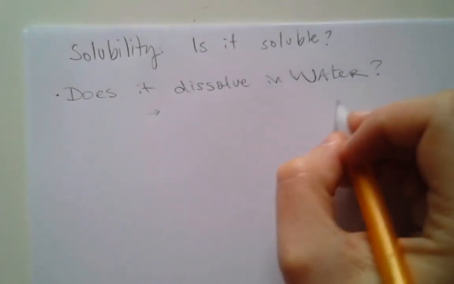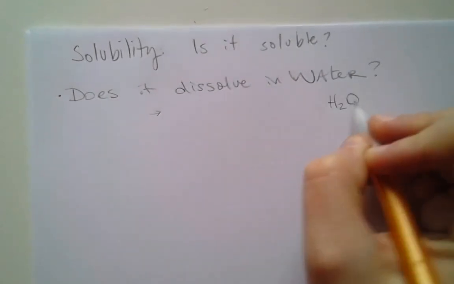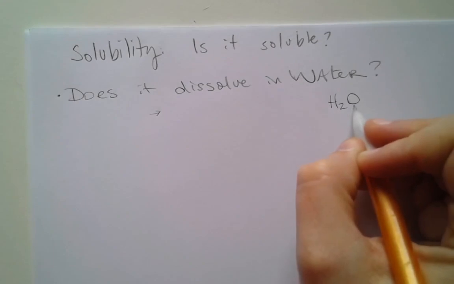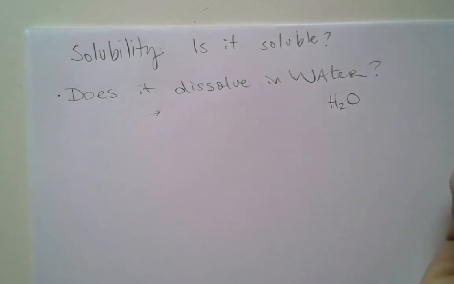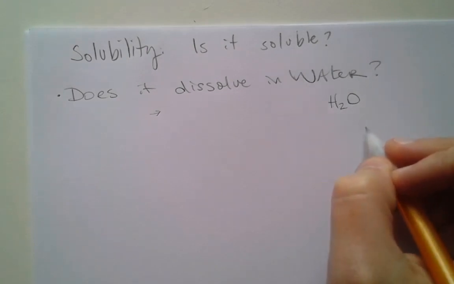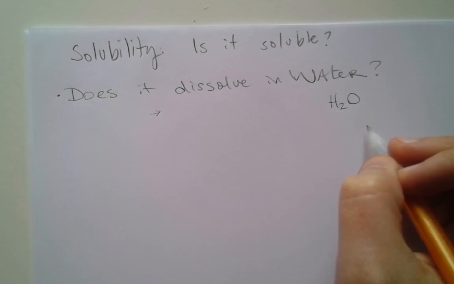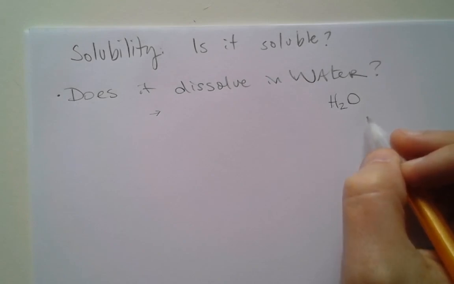Water is H2O, two hydrogens and one oxygen. Pretty small. Water is a tiny little compound, actually. So things that are closer to water in size, smaller things, and closer to water in charge. And you're like, duh, it's neutral. They're all neutral. You are correct.